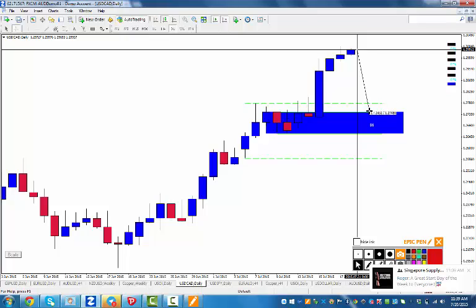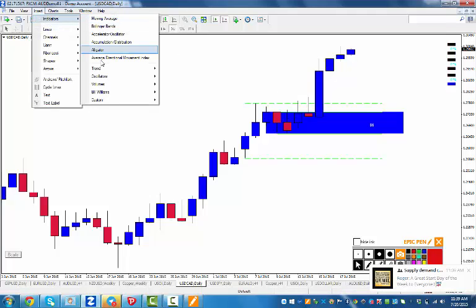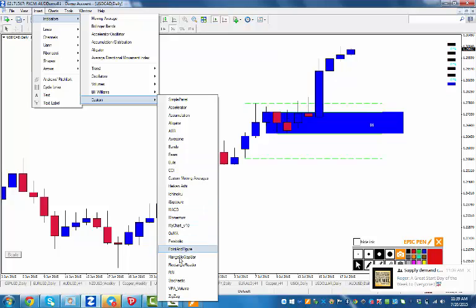So from the current price to that level, how many pips are there? Let's take a look here. 243. My goodness. So it's not going to happen anytime soon, right? Because it's 243. Now, what's the average true range? All right, let's take a look.